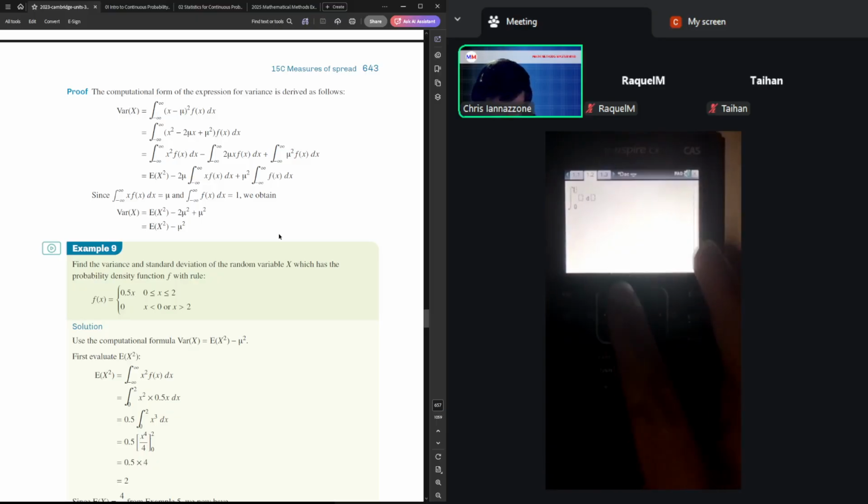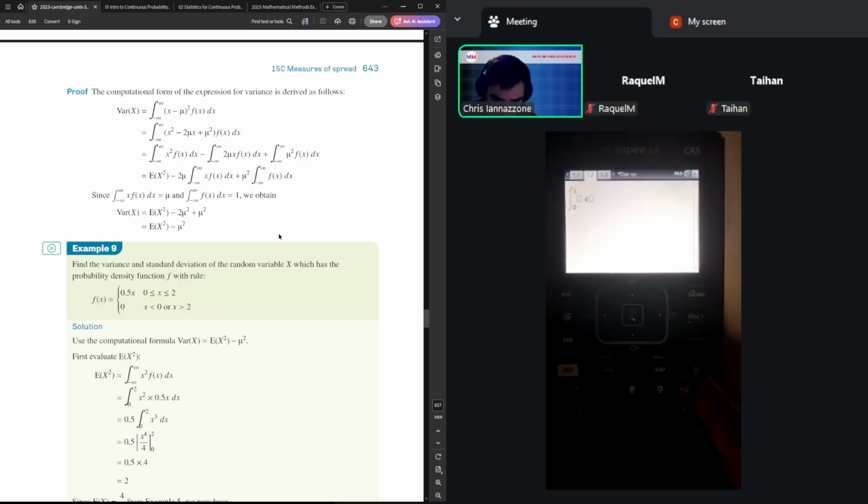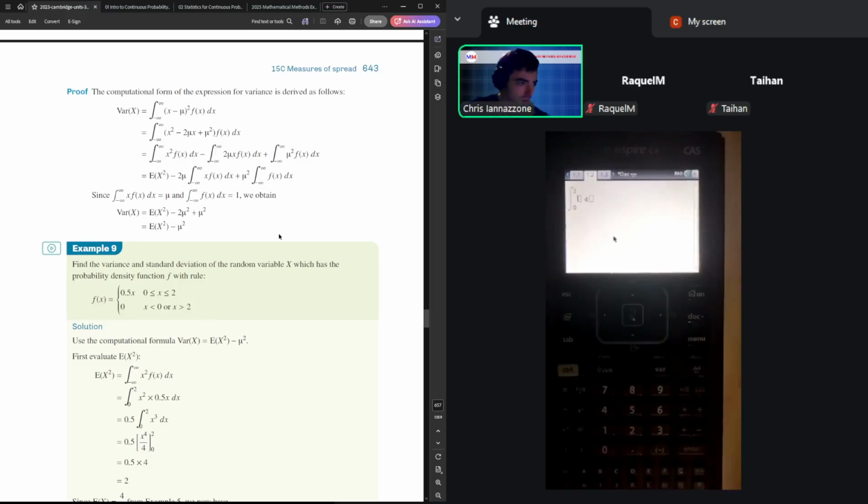Don't understand the purpose of the factors. Yeah, that's totally fair. So variance and standard deviation are measures of spread. They're trying to essentially say how far from the mean your probability is distributed.